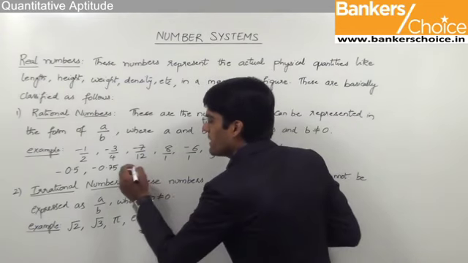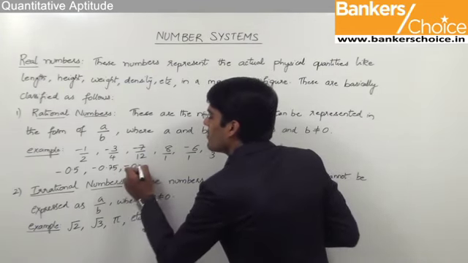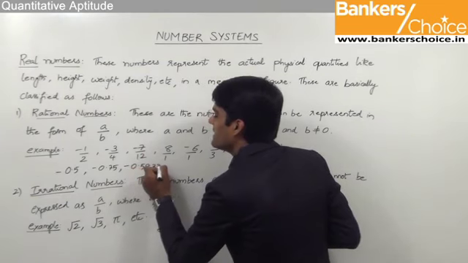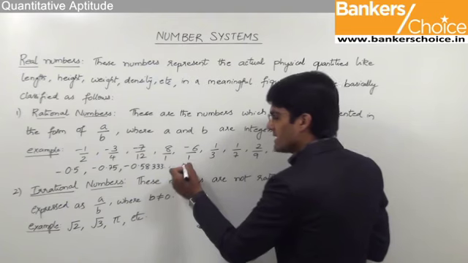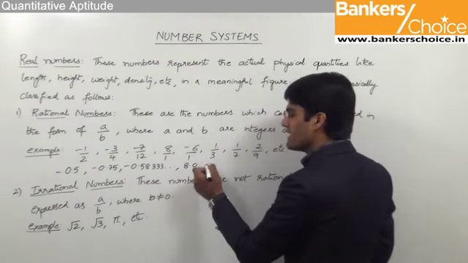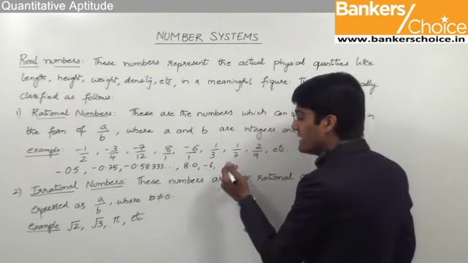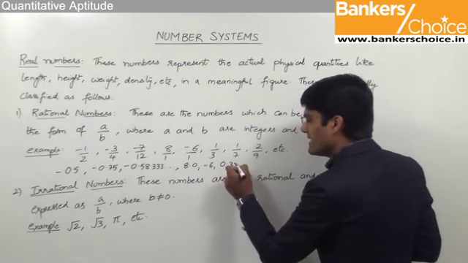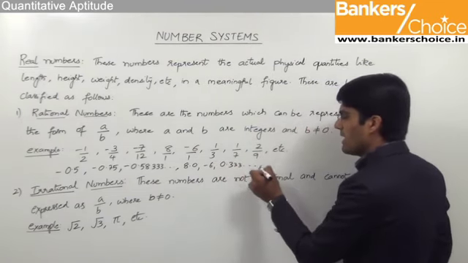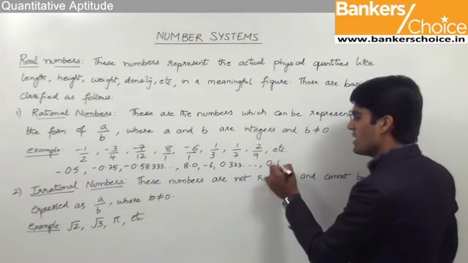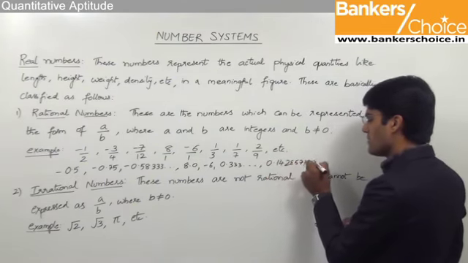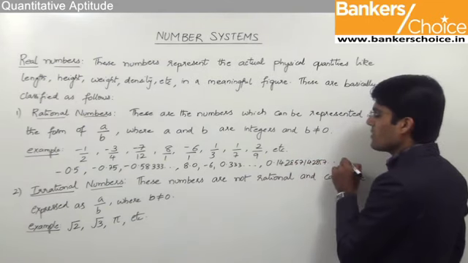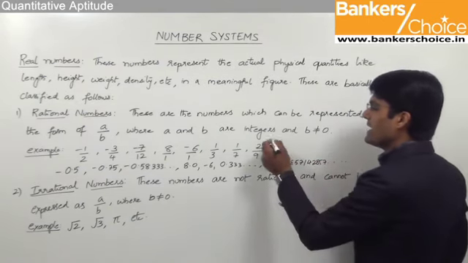Likewise, minus 7 by 12 can be taken as minus 0.58333 and so on up to infinity. Then 8 by 1 is nothing but 8.0, minus 6 by 1 is minus 6, 1 by 3 we know is equal to 0.333 and so on up to infinity, and 1 by 7 would be 0.142857, 142857 and so on.